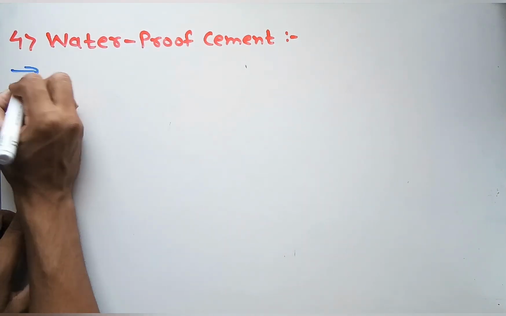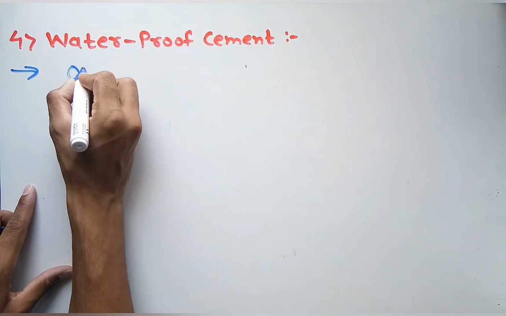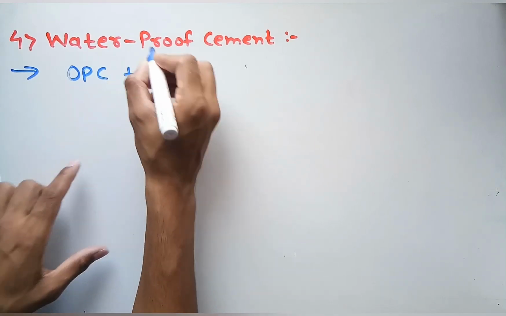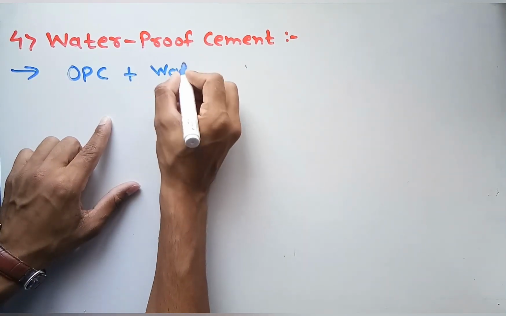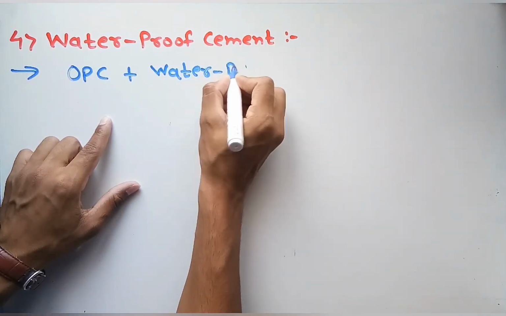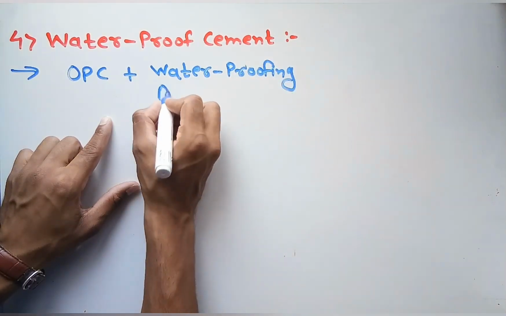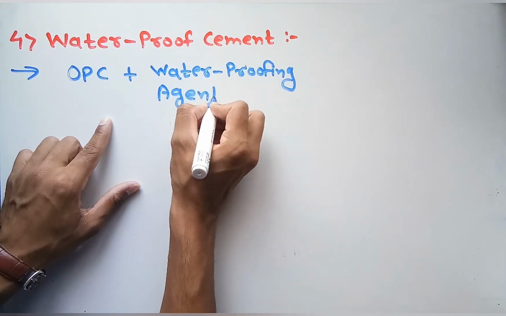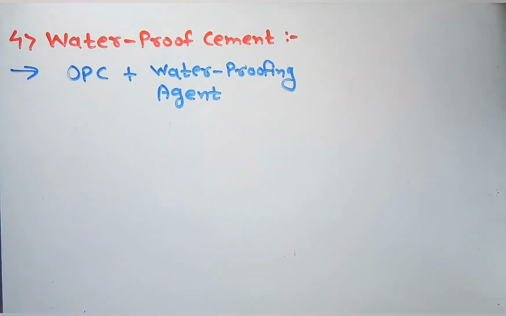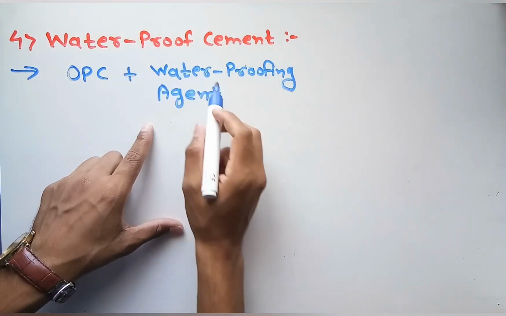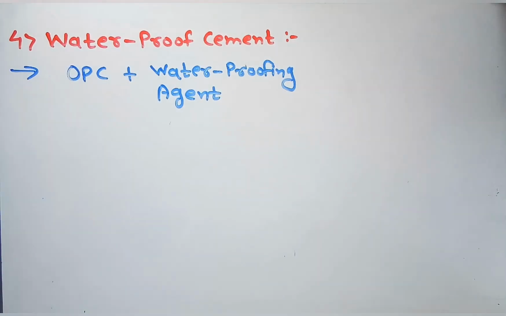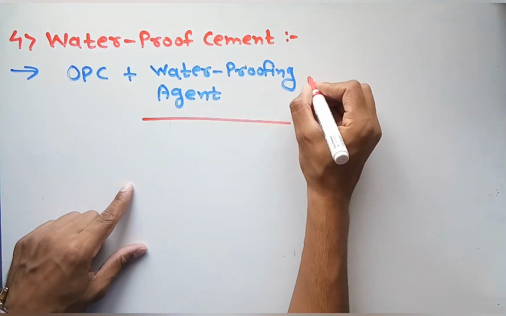So to manufacture the waterproof cement, the proportion we give is OPC along with the waterproofing agents. The waterproofing agents which we use to manufacture the waterproof cement, first one is ammonium stearate.